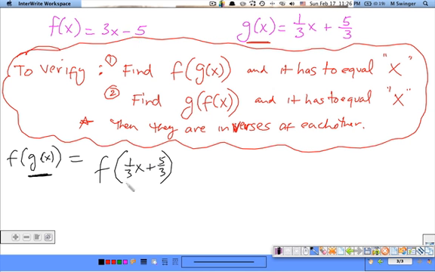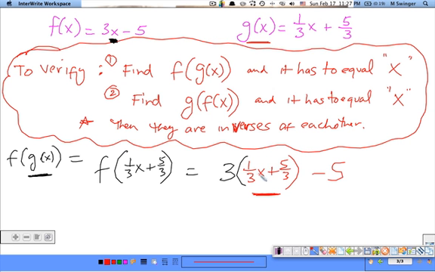But this is f of all this, so I got to put all of this in for x up here. So this is equal to 3 times, instead of x, now 1/3 x plus 5/3. And then we still have minus 5 here. So minus 5. Everybody understand what I did?